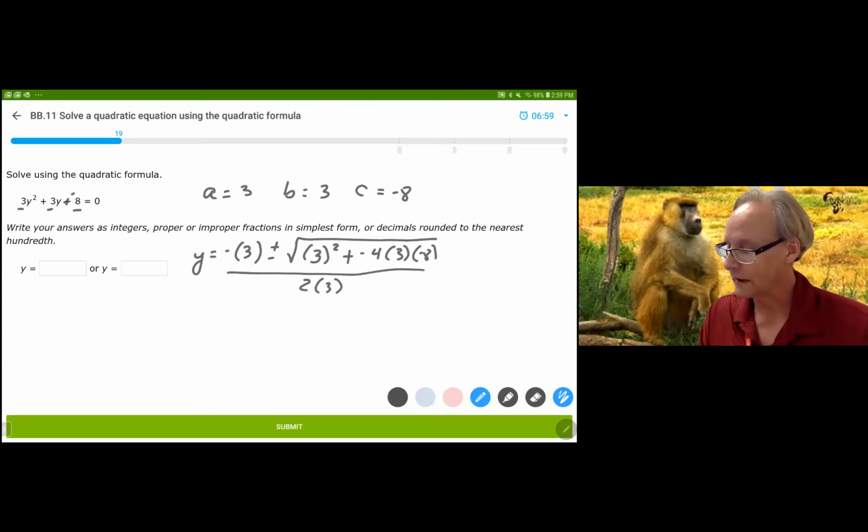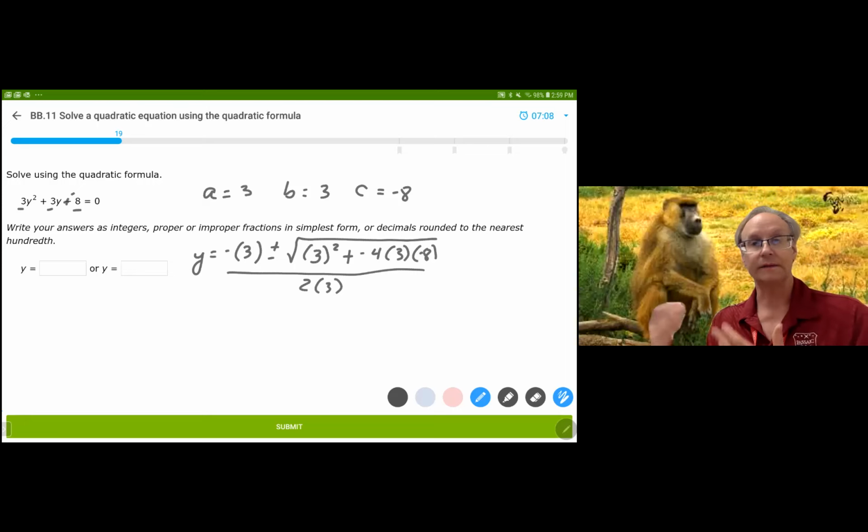Now, the reason why I like to make it a -4ac instead of a minus 4ac is that the subtraction is really adding the opposite, and you end up with subtracting a negative, and it's just a big hassle. When you multiply those together, you end up with the 96, and it's just so much easier.